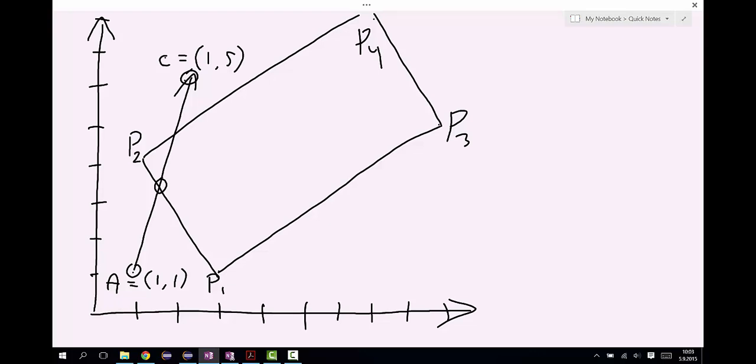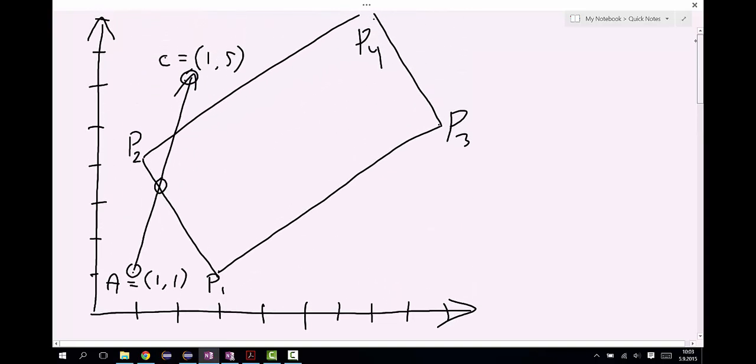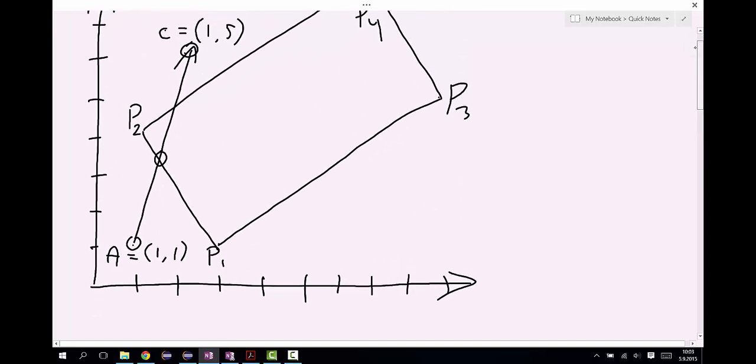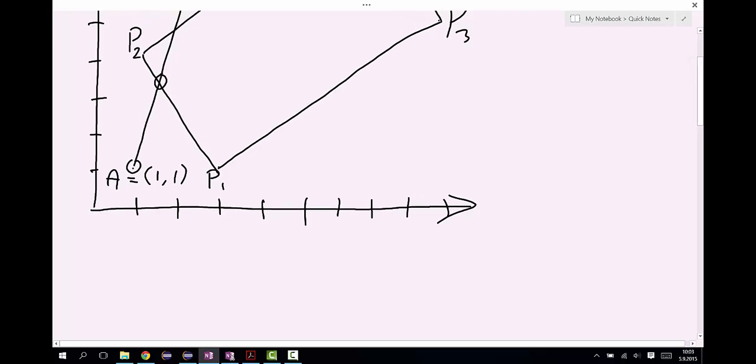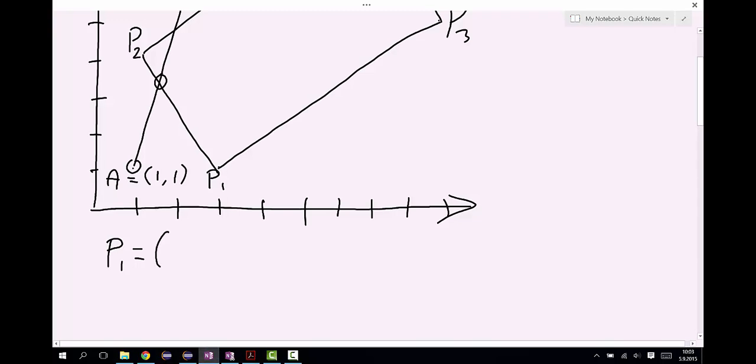Okay, so to begin with, we have this line here between P1 and P2, and we need to find a way to make that some kind of point normal form. So P1 equals (3, 1), P2 is (1, 4).